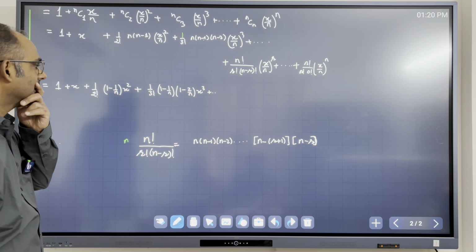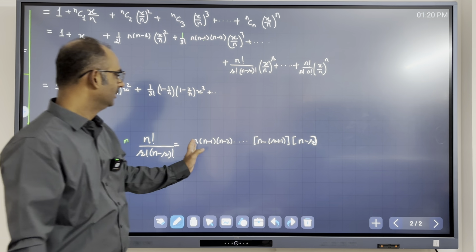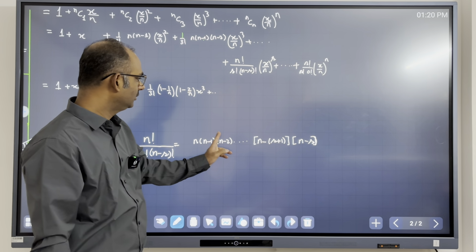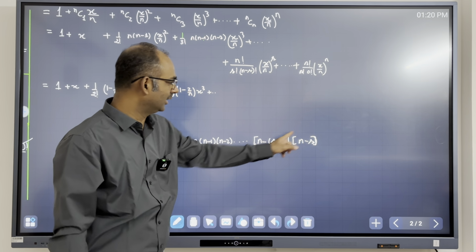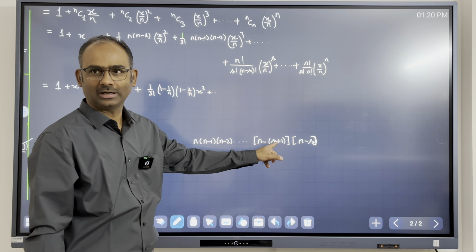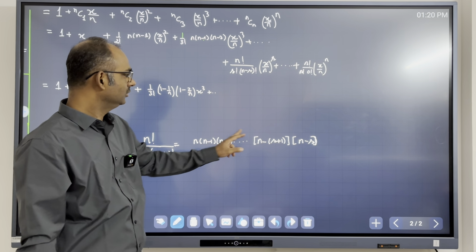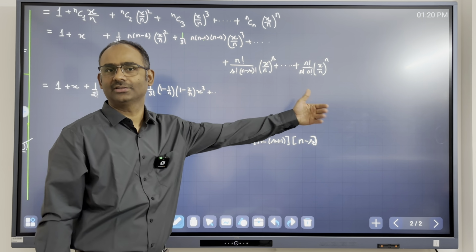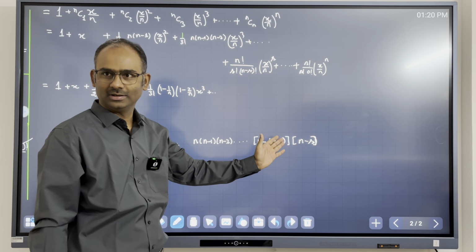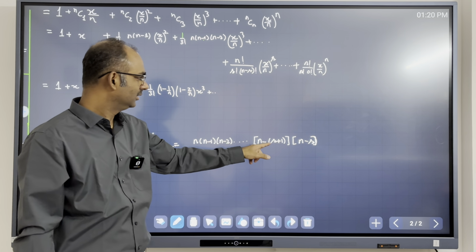Is that correct? No, that is not correct. I have to reach up to r, so it should be r minus 1, not r plus 1. I'm increasing, right? 1, 2, 3, 4, up to, let's say, r is 5. So the previous one should be 4, 1 less than 5.